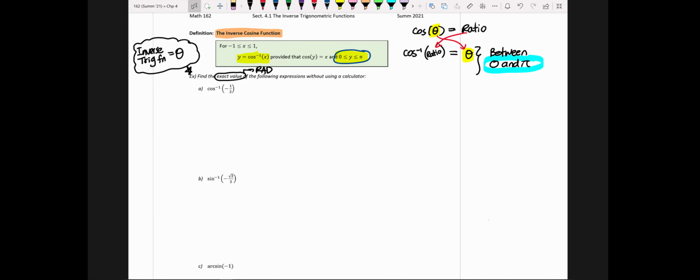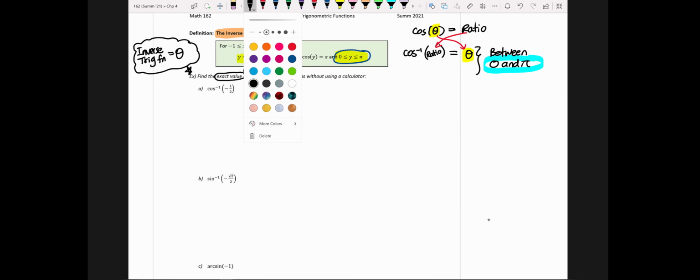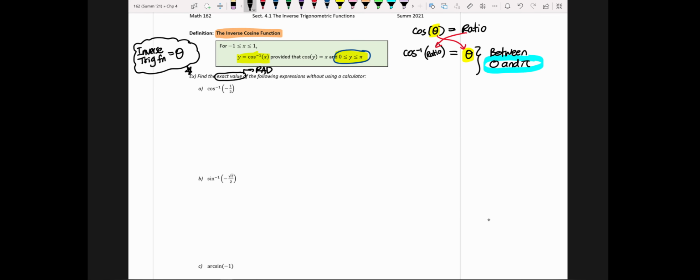Okay, let's do these first two examples together, and then the last two pages, you'll have a chance to try some of these problems on your own. But let's get a feel for how to find inverse trig functions. If we want to find the exact value of a trig function, we use our unit circle knowledge.